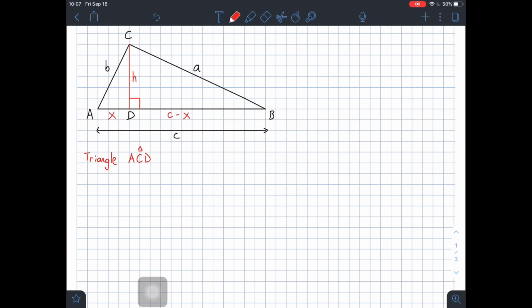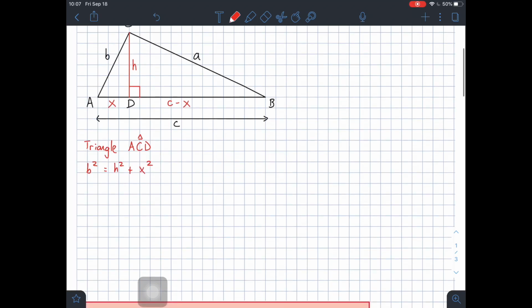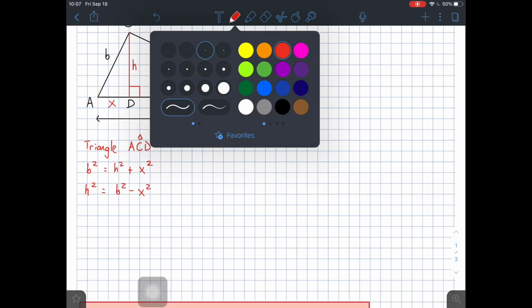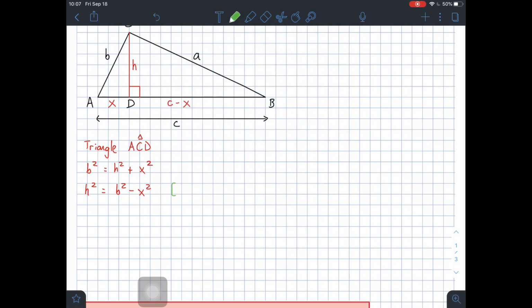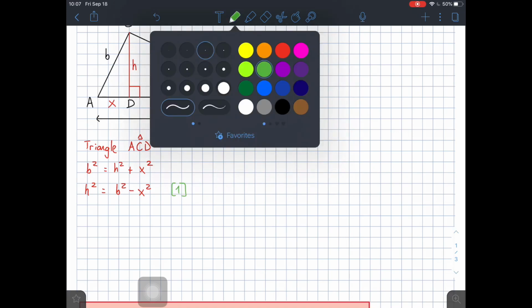We're going to say that the hypotenuse, which in this case is b squared, is equal to h squared plus x squared, right? Then if I solve for height, I'm going to get that h squared is equal to b squared minus x squared, okay? And I'm going to call this equation number 1. We're going to be using this later on.